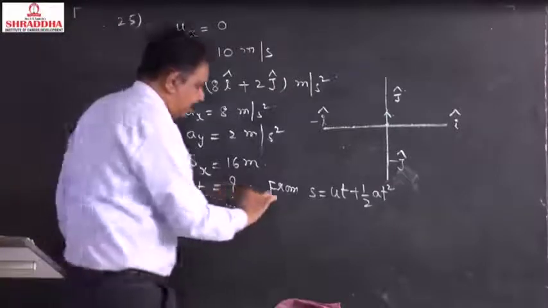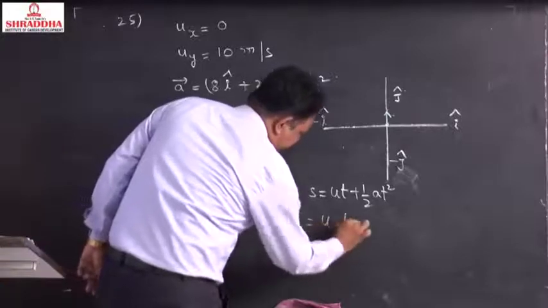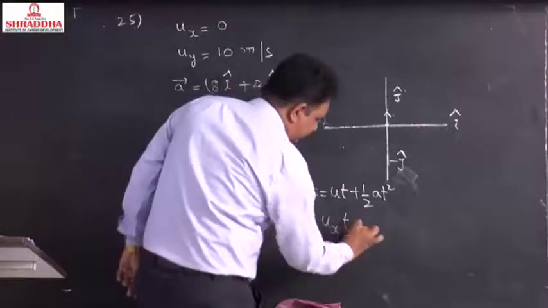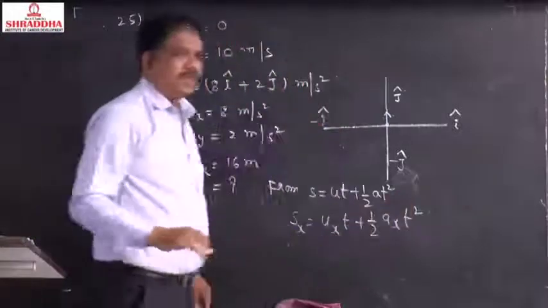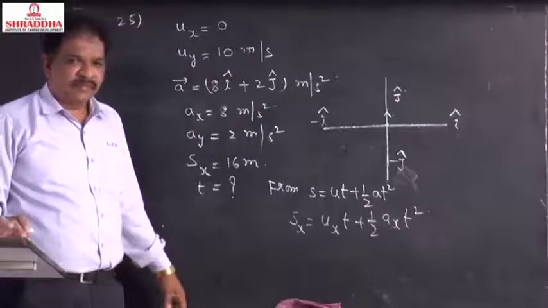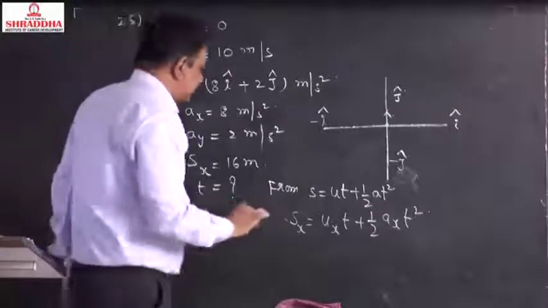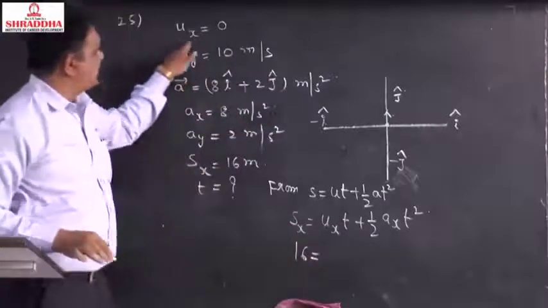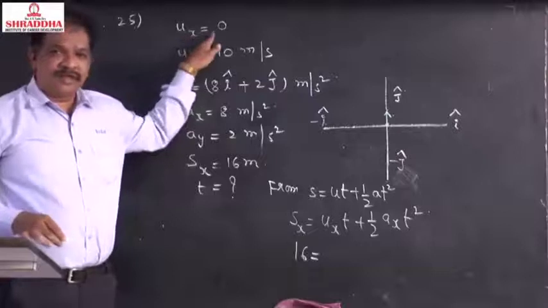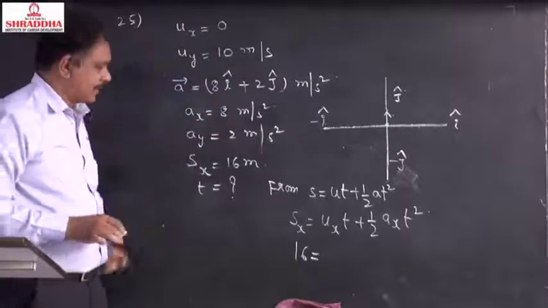Here what will happen? Sx is equal to ux into t plus 1 by 2 ax into t square. Sx value will be 16. Ux is 0. There is no velocity. Initial velocity is only along the y-axis.